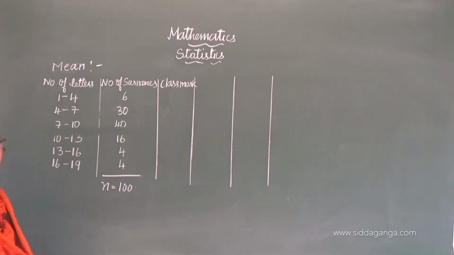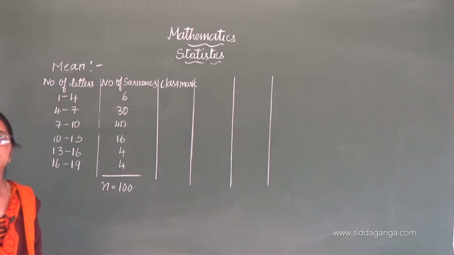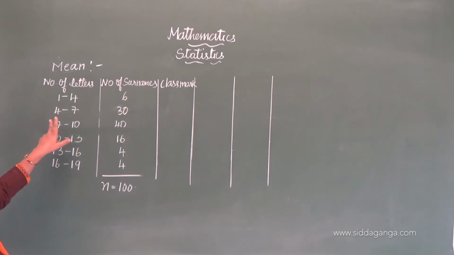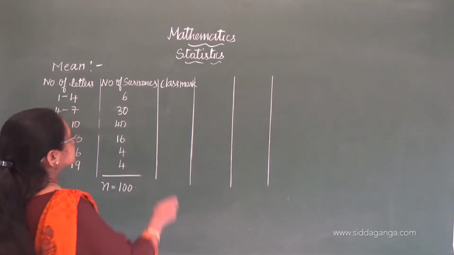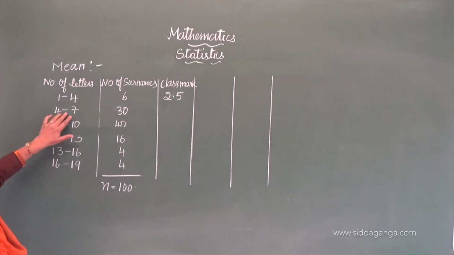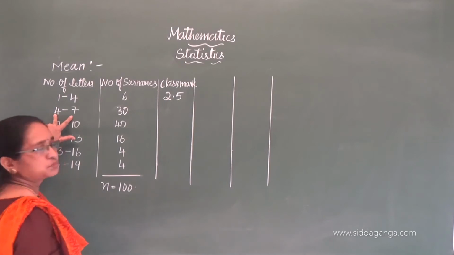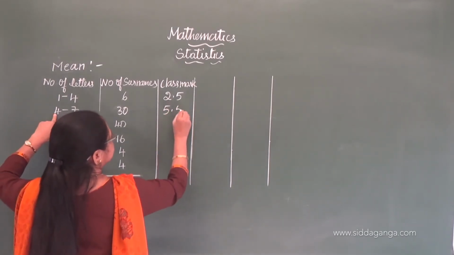How will you find the class mark? Upper limit plus lower limit divided by 2. So 4 plus 1 is 5, 5 divided by 2 is 2.5. Next, 7 plus 4, 11, divided by 2, 5.5.